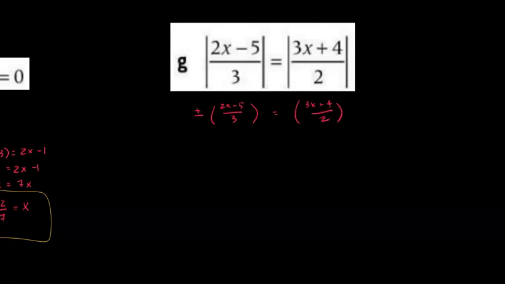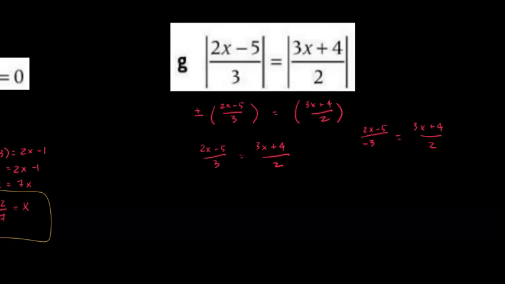And then it's going to be a 2x minus 5 over 3 equals a negative 3x plus 4 over 2. And then I can take that negative and I can attach it to the denominator or the numerator. Doesn't really matter. So I'm going to take 2x minus 5 and then attach it to the denominator.